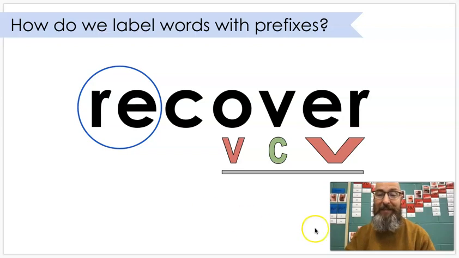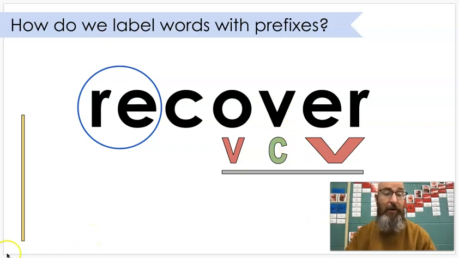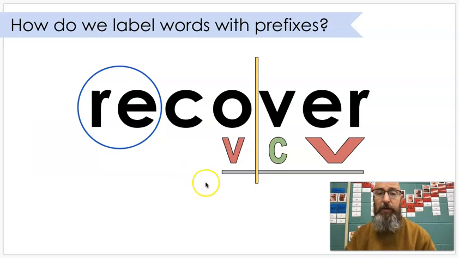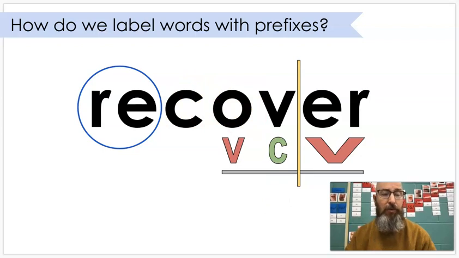And which consonant do I label? Just the V, because it's the only one above the bridge. Now I've got to figure out, where do I put my line? Do I put it here? That would be cover, which doesn't sound like a word I know. Or I can put it here, and that makes this a closed syllable.